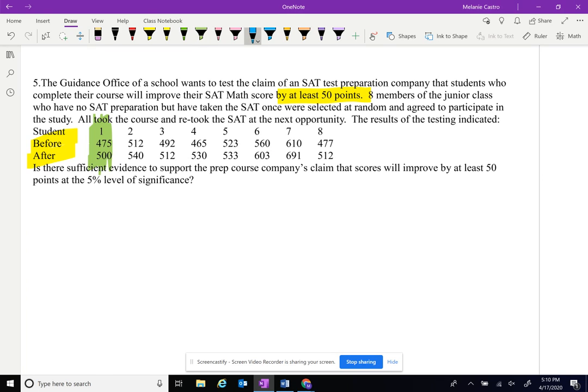You'd have to go through and look at mu sub d. So we do want to look at the mean difference. That's the thing that we're comparing. So was there an increase? We would be subtracting the after minus the before. Somehow define what that average difference is.